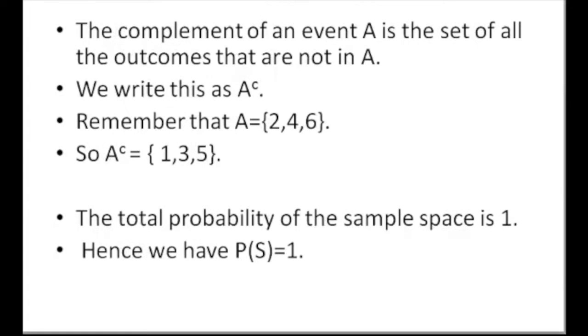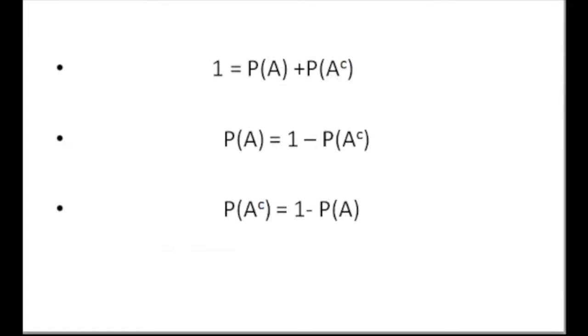The complement of an event A is the set of all outcomes that are not in A. We write this as A with a superscript of C. Remember that A is the set of 2, 4, and 6, so A complement is the set of 1, 3, and 5. The total probability of the sample space is 1. Hence we have the probability of S is 1.